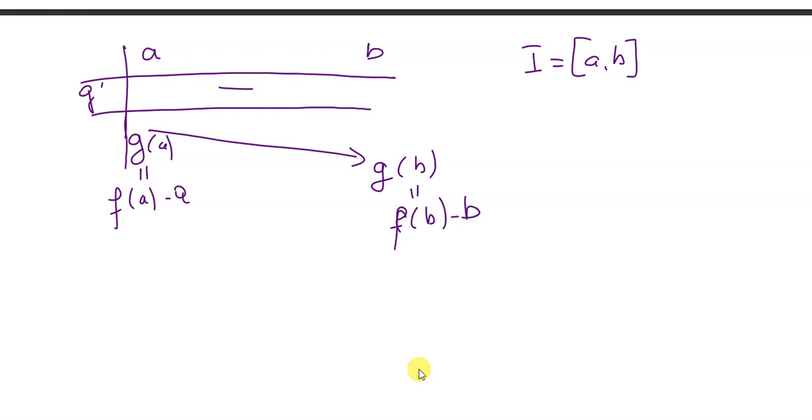We said also that the interval I is mapped to itself, and this means that whatever x is in I, f of x will be in the interval AB.